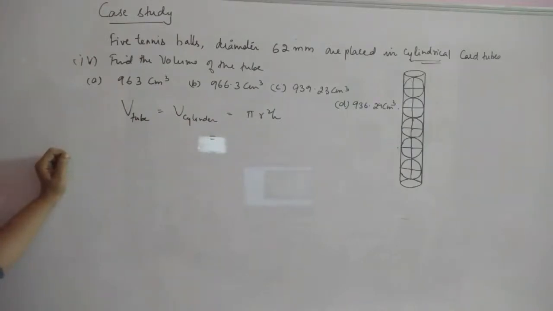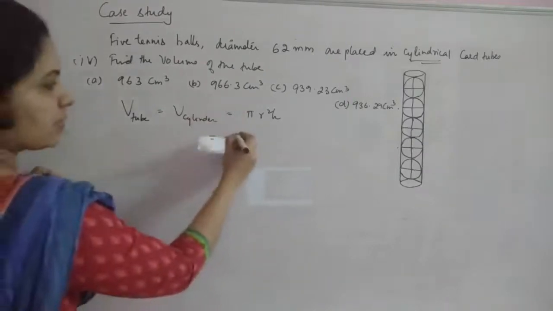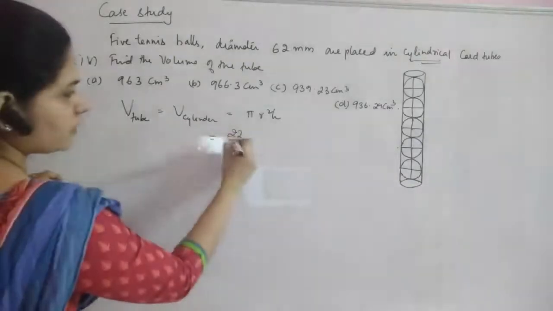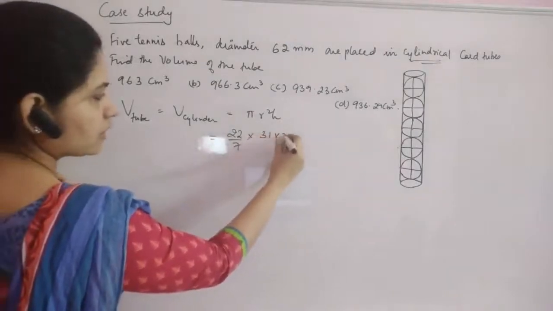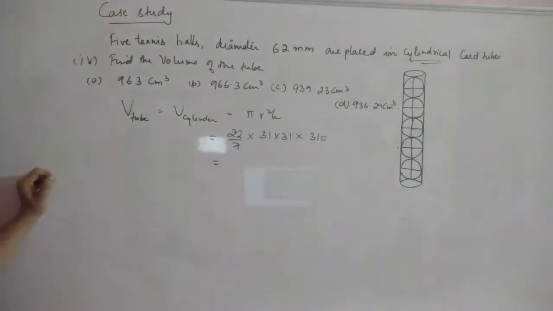So radius is 31, which you have already found out, 31 mm. Again remember it is in mm. Now what will be the height? Height also you have found out, it is 310, right? Height of the tube you have found out. So you can just replace here. You can use the value 22/7 for pi. R is 31, so 31 into 31 into h, which is 310. So what are you getting as the answer? Which option?